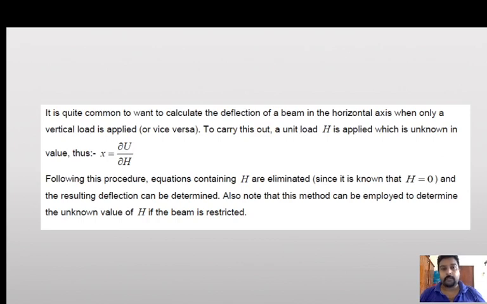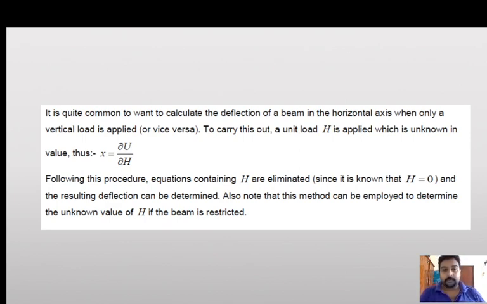It is quite common to want to calculate the deflection of a beam in the horizontal axis when only a vertical load is applied. To carry this out, a unit load H is applied, which has an unknown value. So x equals ∂U/∂H.